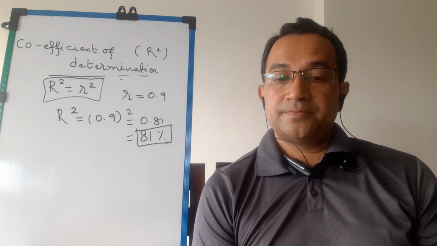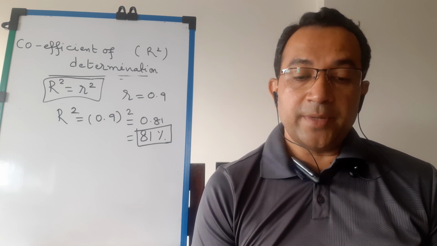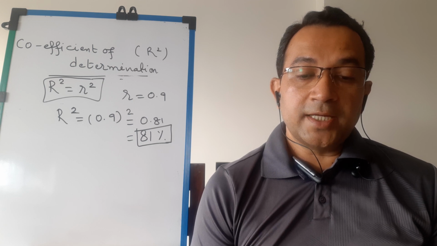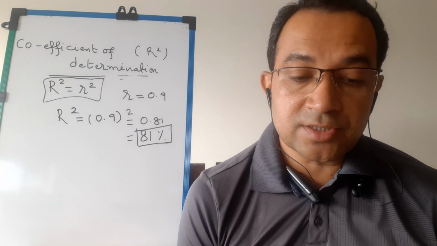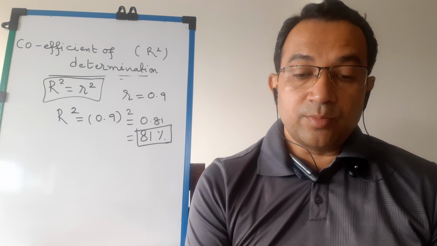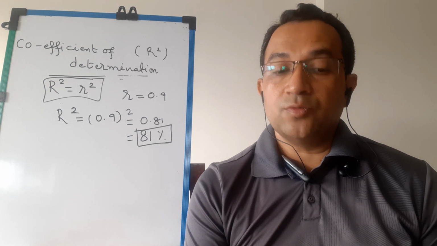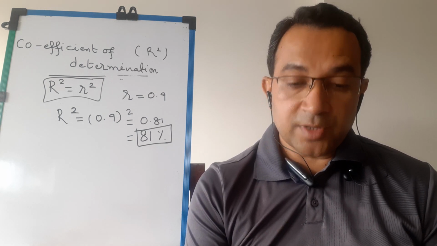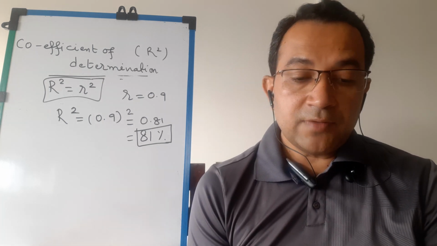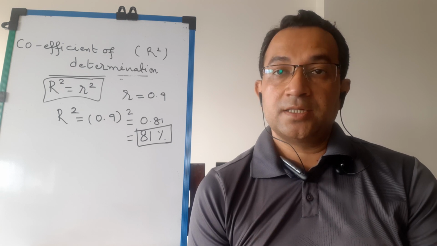regression line. In your textbook on page 138, we have a paragraph I am reading. How much variation in the dependent variable y can be explained by regression line? Now for that they have given that if r is equal to 0.9, then the coefficient of determination is 0.81, percentage is 81%. So out of total variation in variable y, 81% can be obtained from regression line.